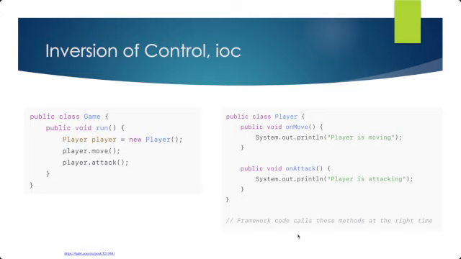With inversion of control, something else calls our code instead. In the right example, we can see the player with some methods, and the framework calls these methods at the right time. We just need to implement these methods and add some logic inside them.